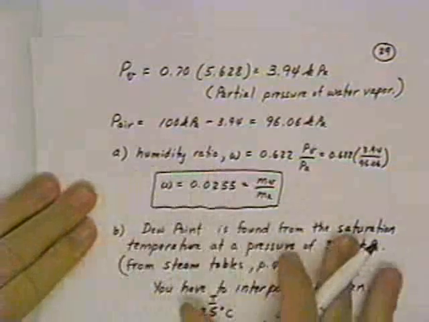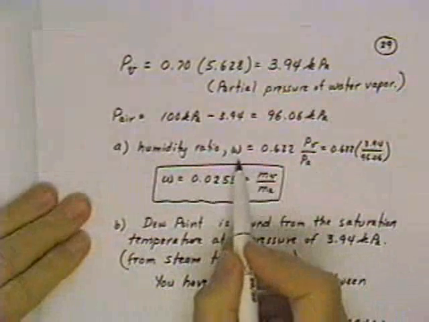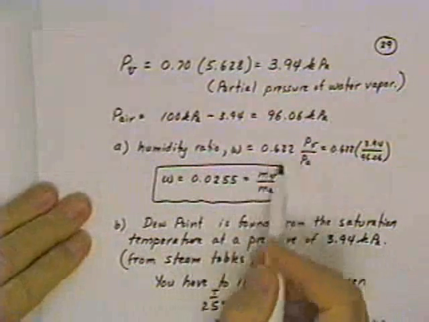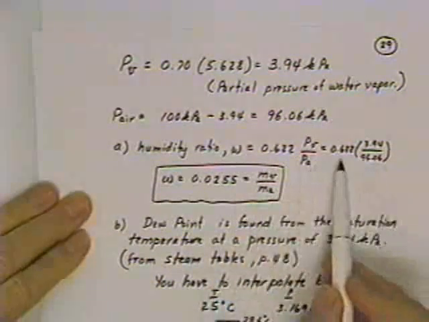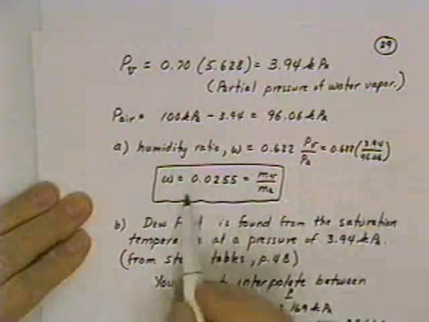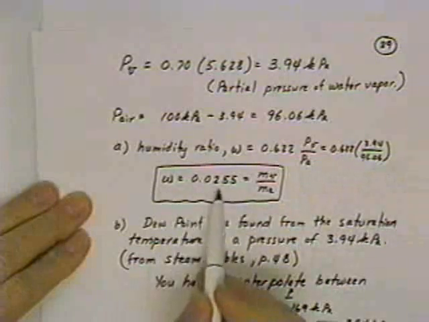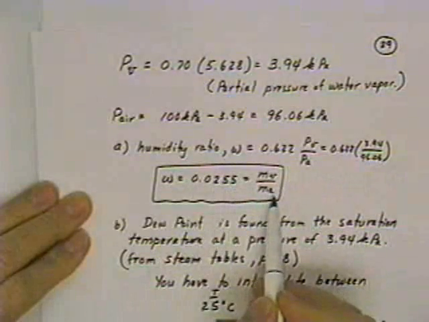Okay, humidity ratio, defined by an equation in your text. Humidity ratio omega is equal to 0.622 PV over PA, which is 0.622 times 3.94 over 96.06, and so omega comes out to be about 0.0255, which is defined as the mass of the vapor divided by the mass of the air.